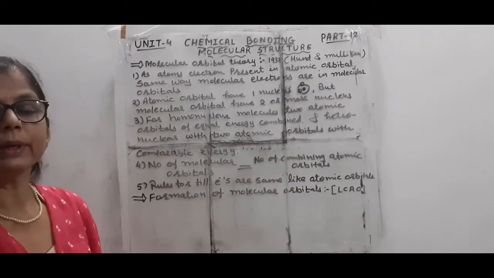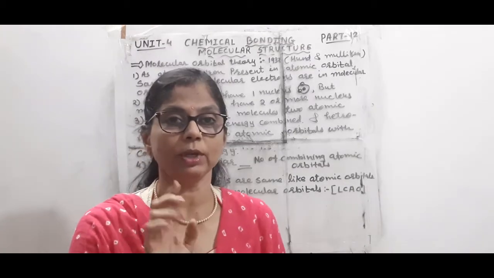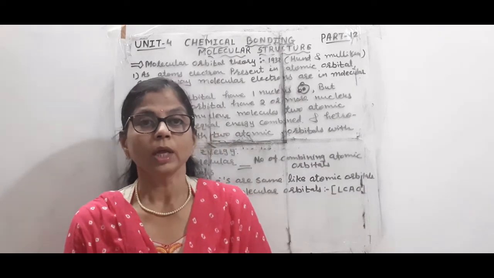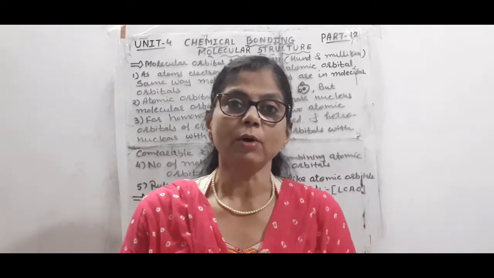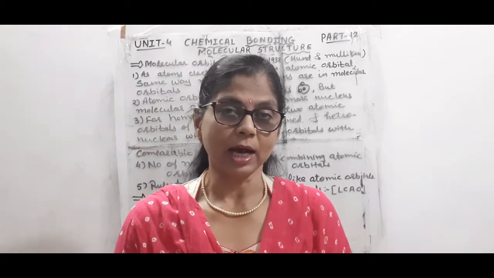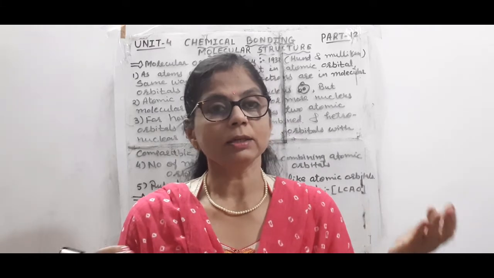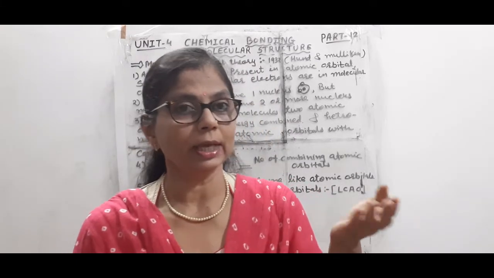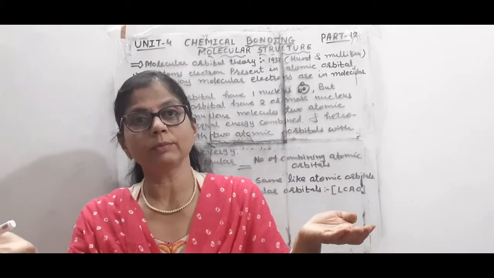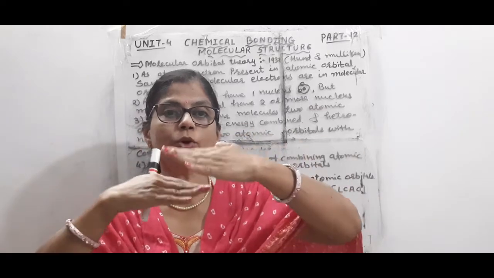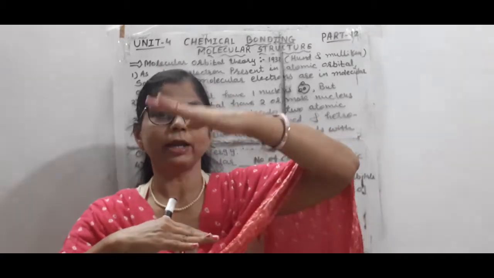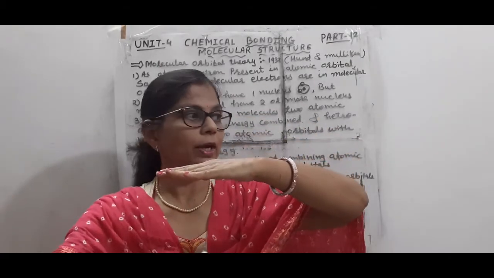So an atom has only one nucleus, but when molecules are formed, two or more nuclei are present. Suppose we think about the H2 molecule, then one atomic orbital of a hydrogen atom and another hydrogen atom's orbital overlap and form the H2 molecule, so the nucleus of hydrogen 1 and the nucleus of hydrogen 2 are both present.